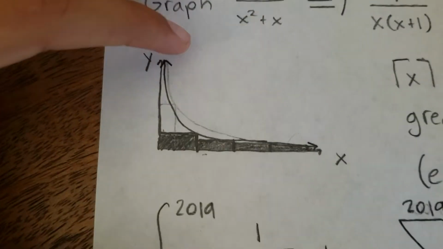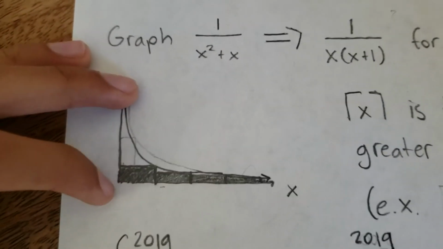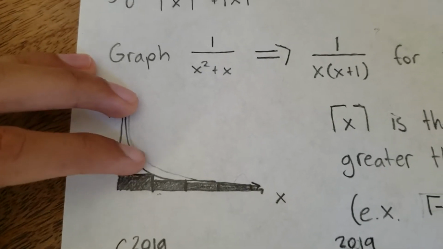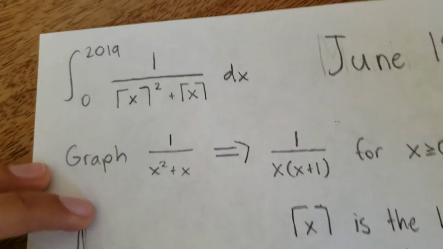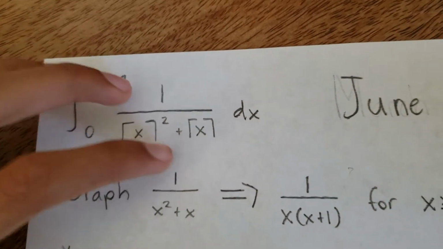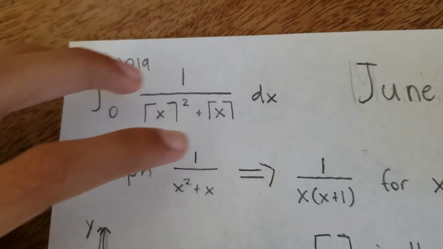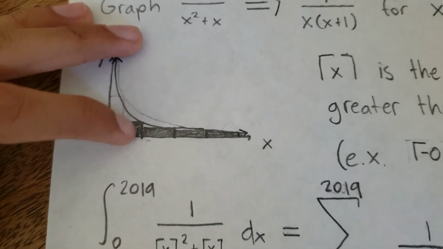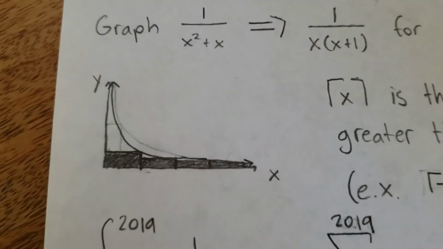That means between x equals 0 and x equals 1, our expression is always a constant value of 1/2. That bar is the top of the box over here. Similarly, between x equals 1 and x equals 2, our expression is just the constant value 1/6, and it stays 1/6 only.